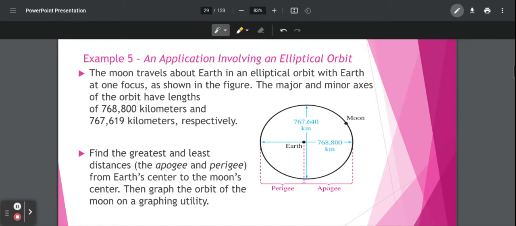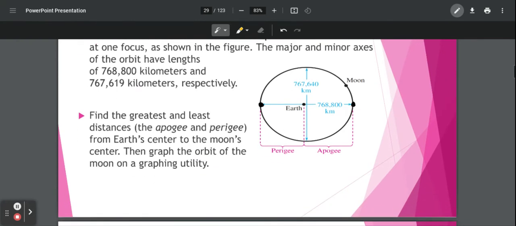So the 768,800 goes from this end to this end, that's your whole major axis, so that 2a would equal 768,800. Or it would mean then that a, which would be the distance just from the center to one vertex, would equal 384,400.